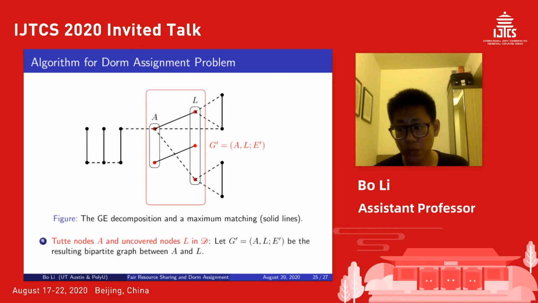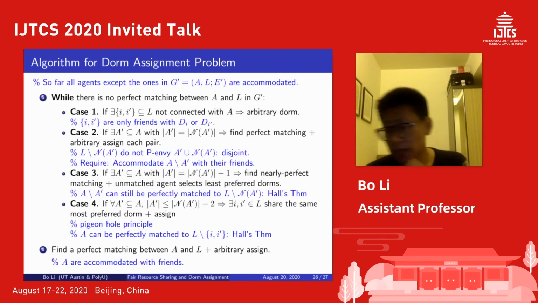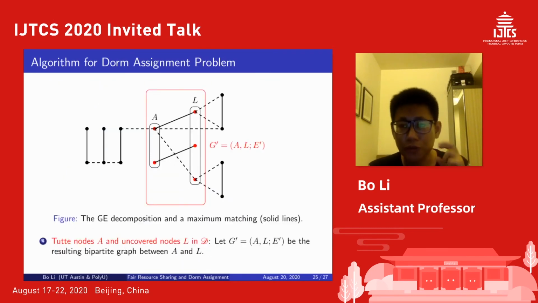So what we do is like this. I don't have enough time for this part, but the intuition is like this. We don't use the current maximum matching.